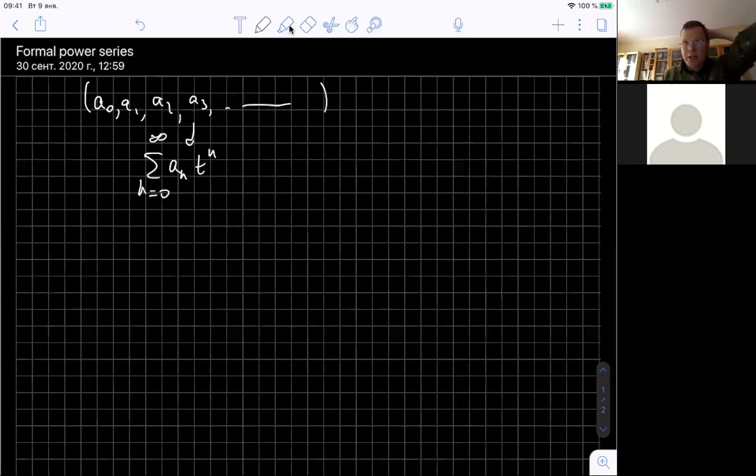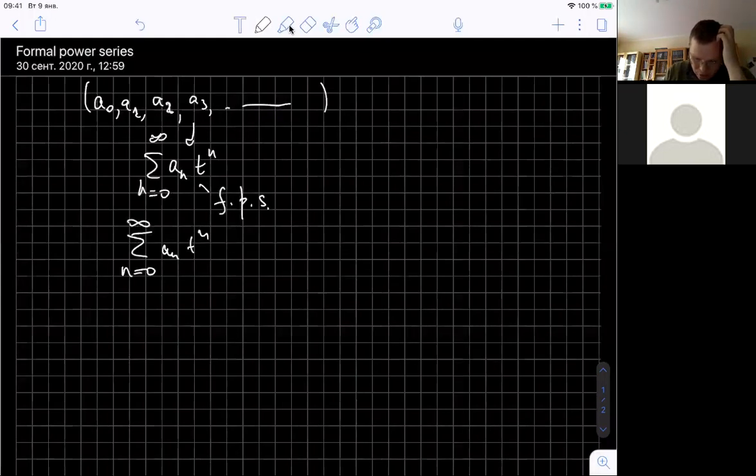So we have some variable t, and we consider the sequence as a formal power series, and we have two operations on formal power series: the sum and the product.